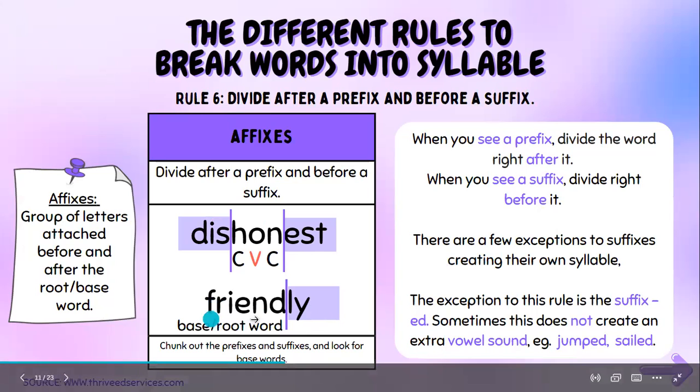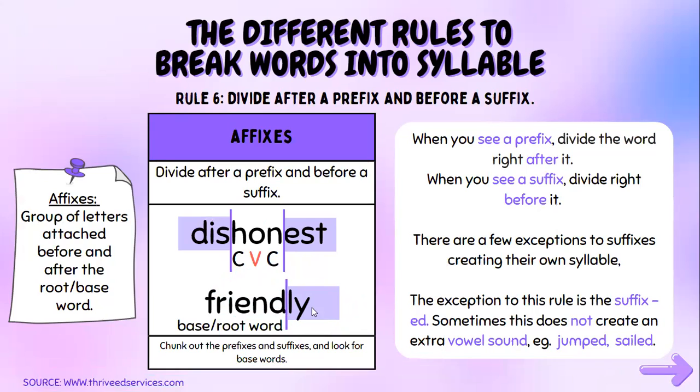For example, in the word friendly, the root word is friend. But if we add on ly, that makes it friendly, and friendly means someone who is like a friend. You know what friendly means.